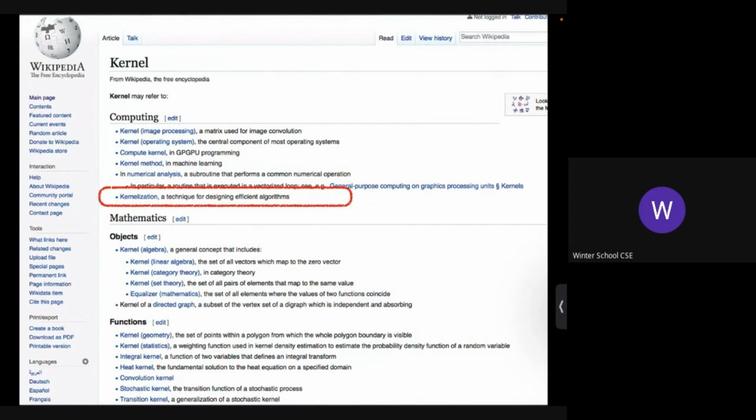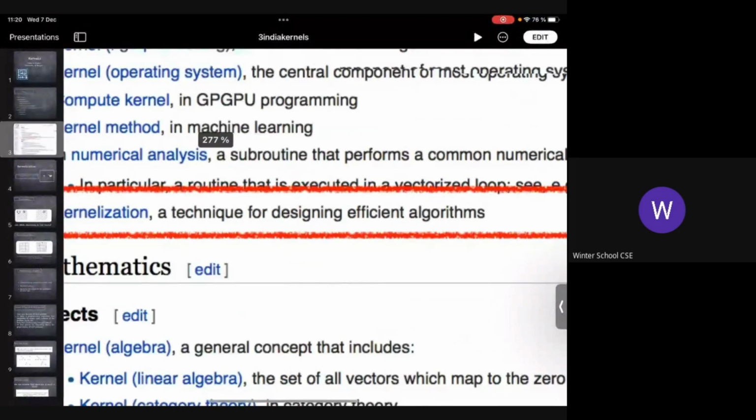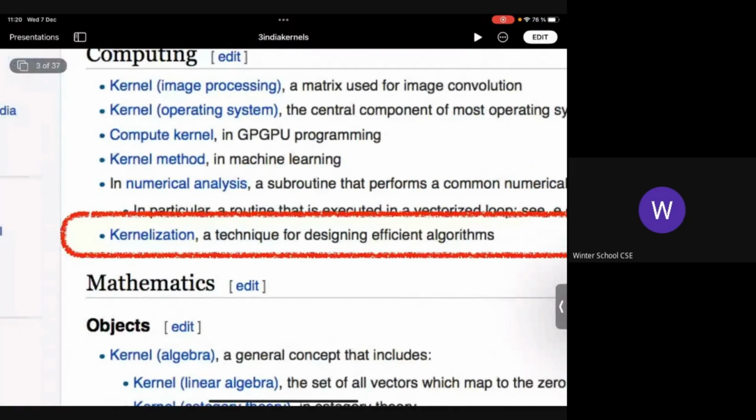So what is a kernel? If you search for a kernel, even on Wikipedia, you will get a lot of different answers. Basically, what I will be talking about is kernelization, a technique for designing efficient algorithms.